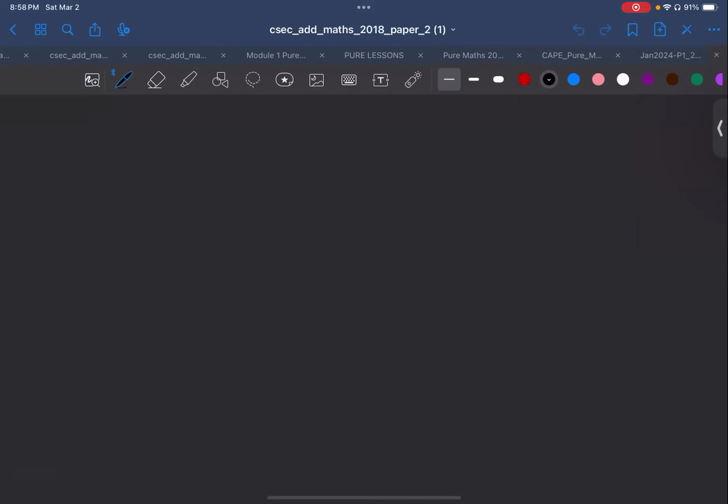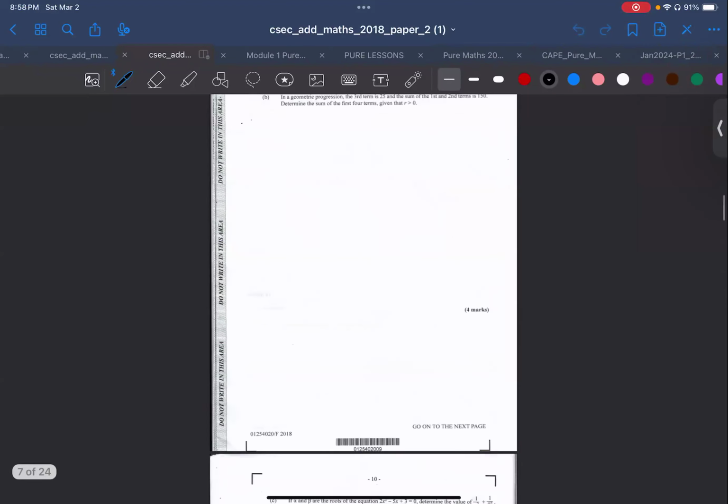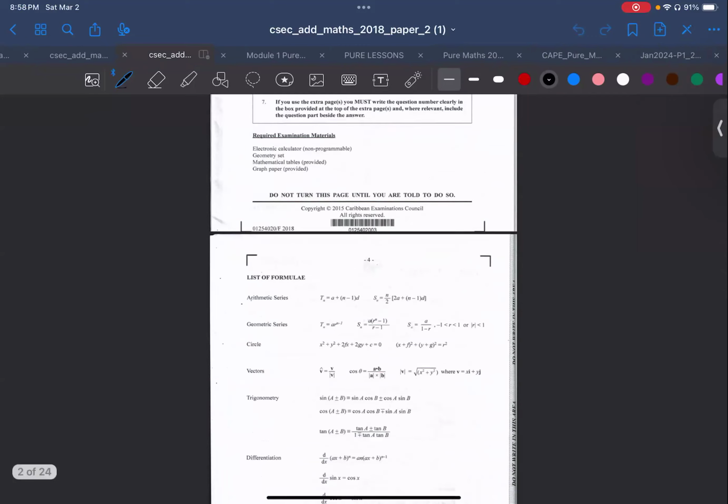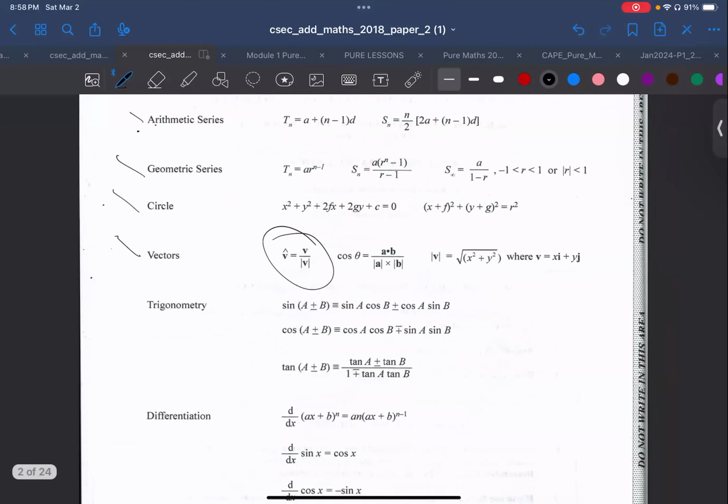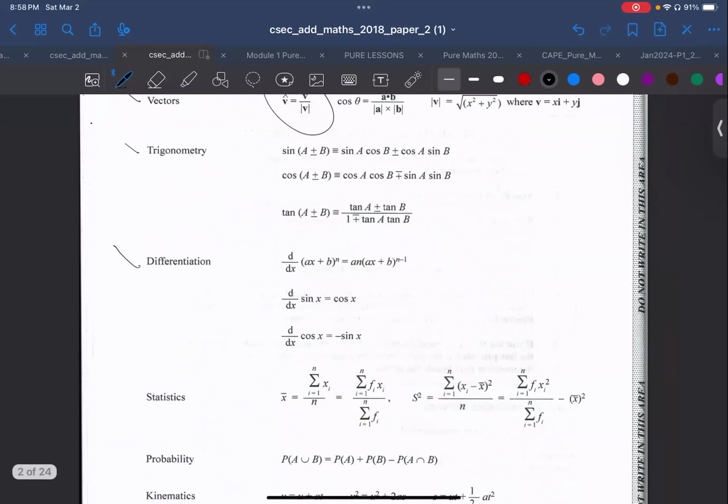Looking to see if I have one of them that have the formula sheets. Hold on. Yeah, here it is, right? This is the formula sheet you get. So you get your AP, your GP, circle, vectors. You actually get the unit vector here. I don't know why I keep harping on unit vector, but trigs, differentiation.